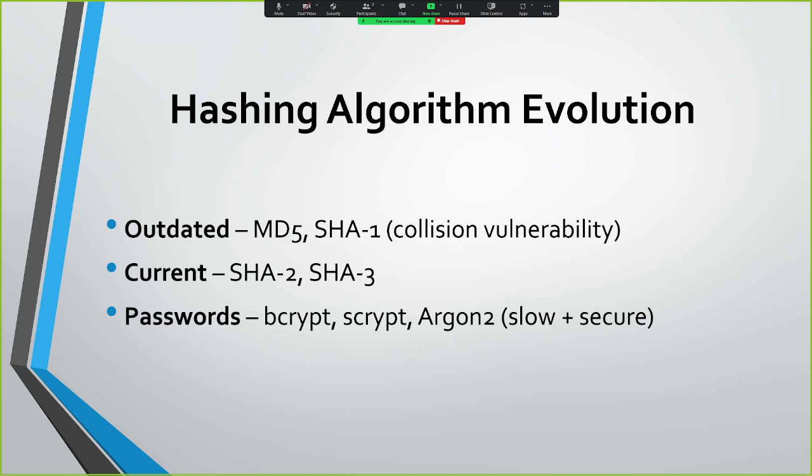Some current secure hashing algorithms that we use are SHA-2 and SHA-3. These have no known vulnerabilities and no known collisions found. I'm sure that will change one day as our computational power becomes stronger, but for now they're secure. And then some password hashing algorithms that we see are bcrypt, scrypt, and Argon2.